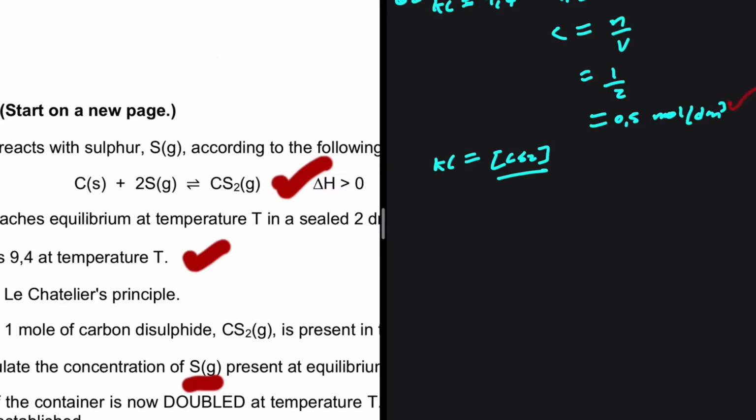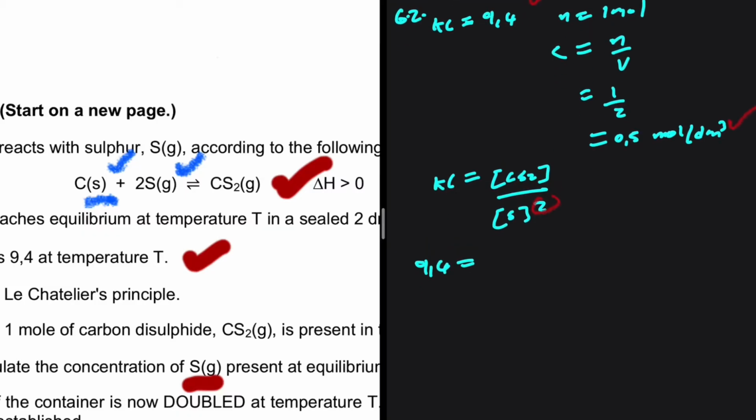On the reaction side, we have carbon and sulfur. But carbon is a solid, so we don't include it in our Kc expression. In the denominator, we are only going to have sulfur to the power 2. Where is the power of 2 coming from? The balancing coefficient.